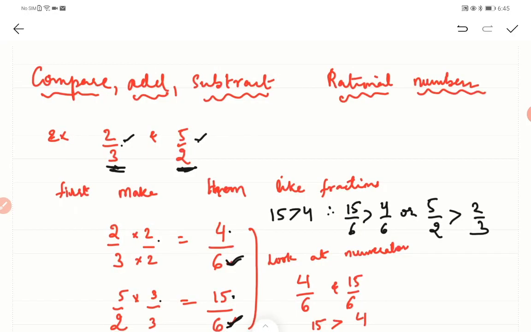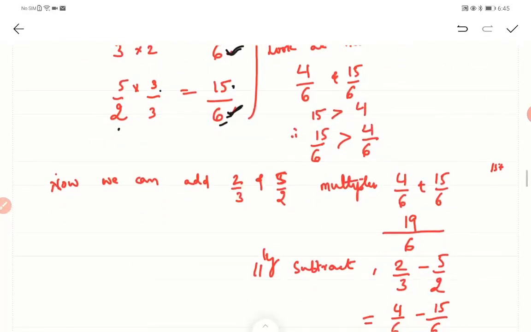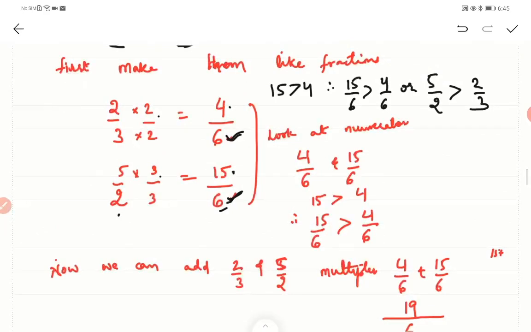Yes, this is how you compare two given rational numbers. First you'll convert them into like rational numbers, or like fractions, and then you can easily compare the numerators. Okay, so for adding or subtracting also, it is the same as your fractions. You need to make them first like fractions by finding the multiples and then go for addition.